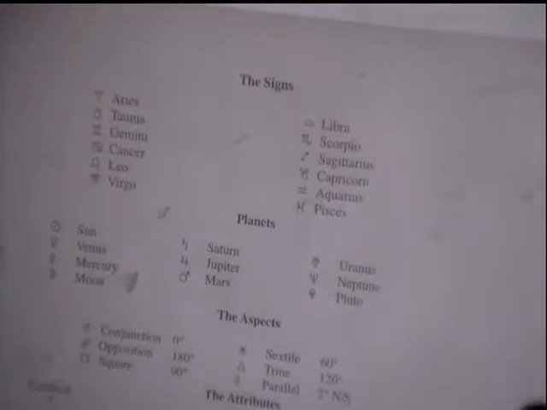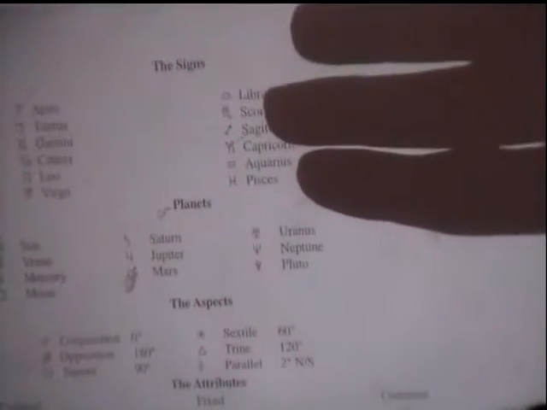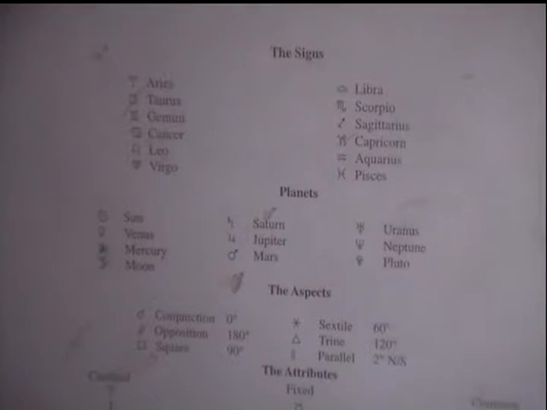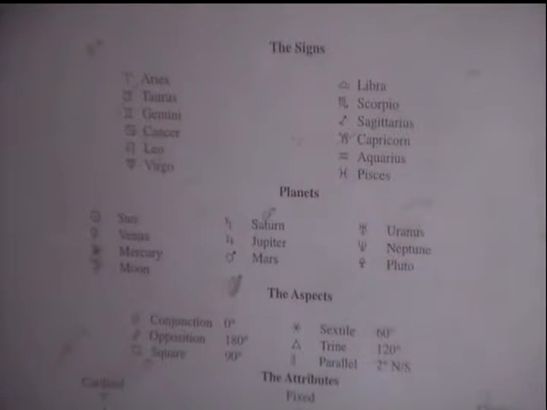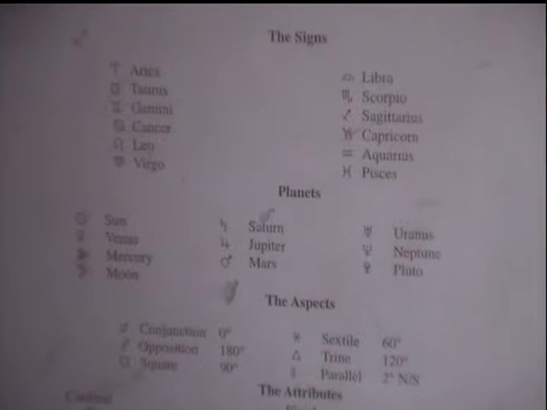Now, these are called great circles. If you look in the table of signs, Aries is opposite of Libra, Taurus is opposite of Scorpio, Gemini is opposite of Sagittarius, Cancer is opposite of Capricorn, Leo is opposite of Aquarius, and Virgo is opposite of Pisces.